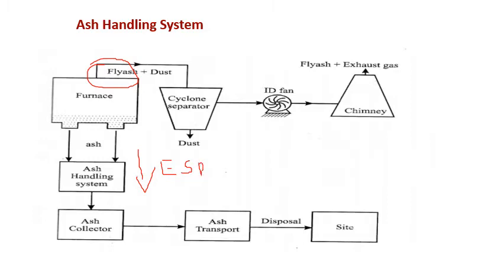Then it goes to the ash collector, collected from the trolleys, through either a pneumatic or a hydraulic system, then ash is transported to the disposal site. Or else I can send it to the cyclone separator, to the induced draft fan, ID fan, then to the chimney or stack, to the atmosphere.